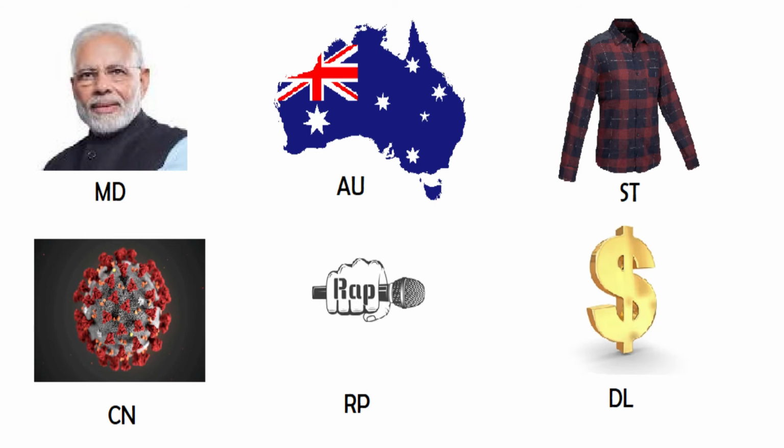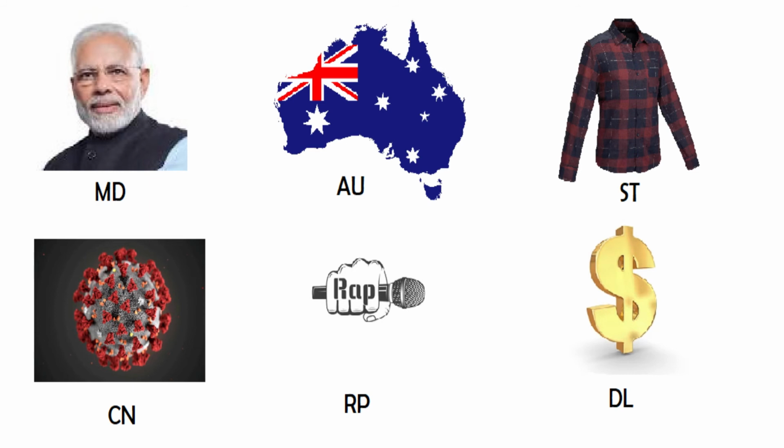Prime Minister Modi in 2019 went to Australia, and it was the first time he bought a shirt there and wore it. Neither in his life he wore a shirt, he only wore other clothes but not shirt. And then next year we had Corona.